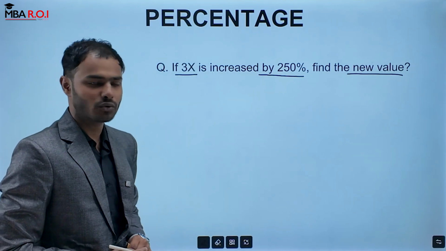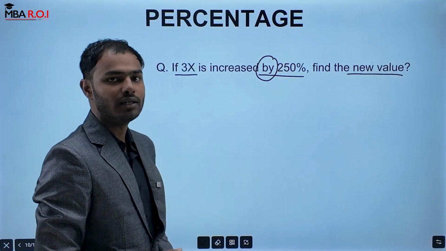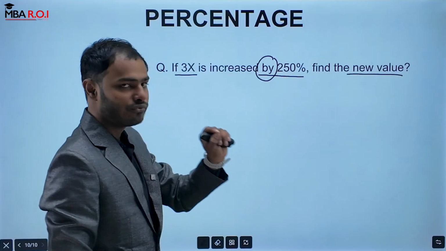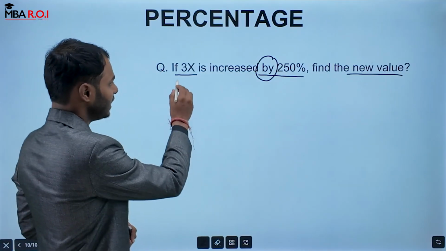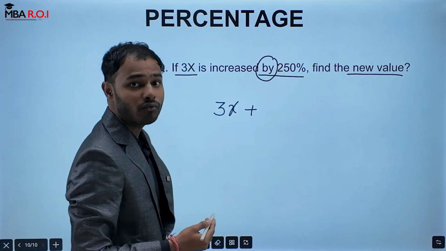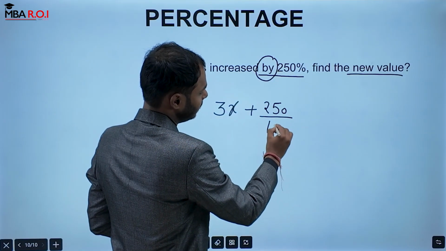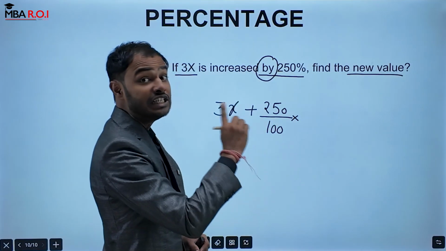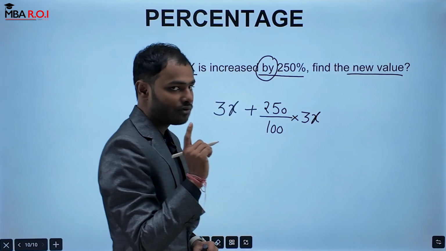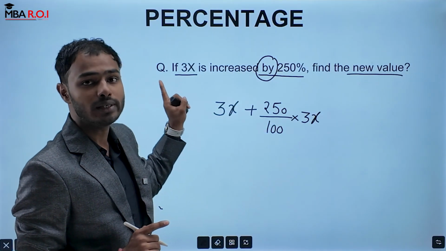So now let's try this question. Again, in this case, first we need to look for this increased by. If there is increased by, what we have to do is add. First we need to see what the initial value is. The initial value is 3x in this case. Now, we have to add 250% of the initial value, which is again 3x. Some of you might have done x over here, but again we have to find the percentage of the initial value, and the initial value is 3x.